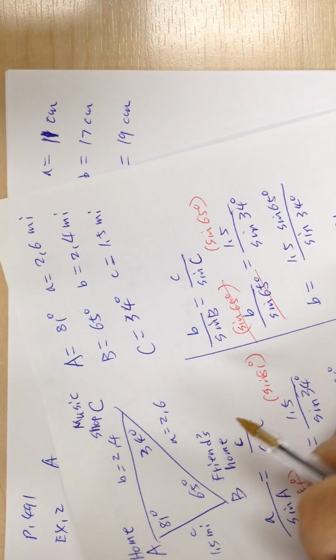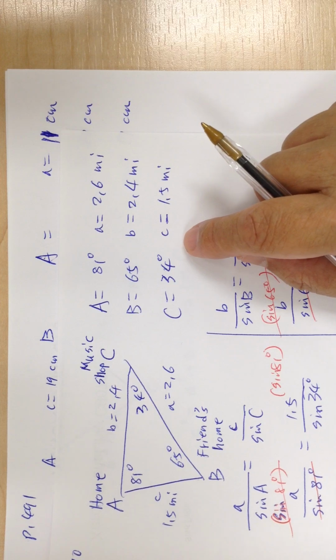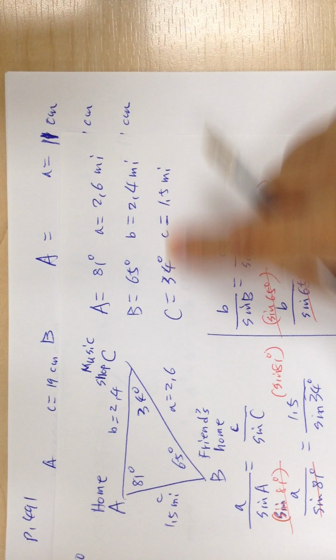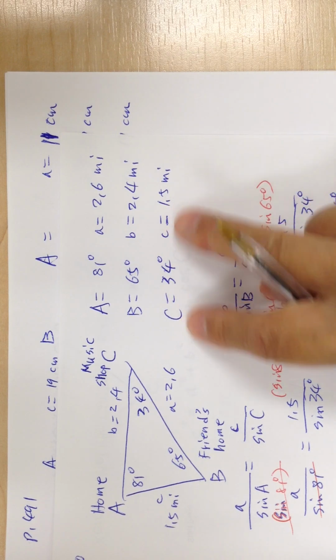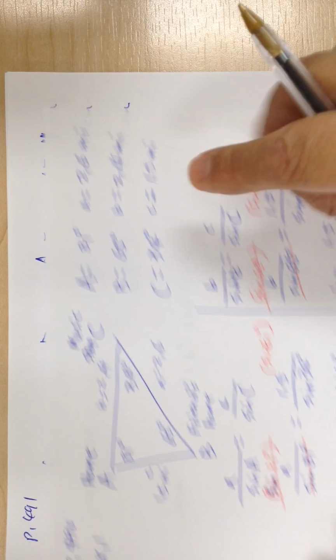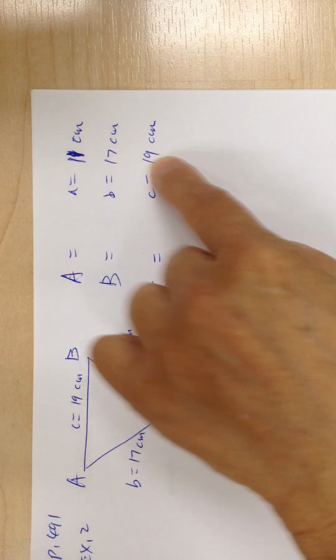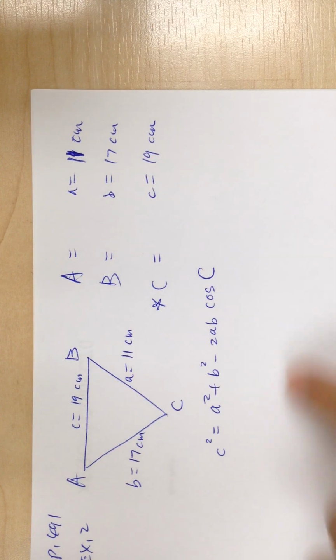If you have two of the same letter, like before, where you had C and C, so when you have two of the same letter given, use the law of sines. When the given information has all three different letters, use the law of cosines.